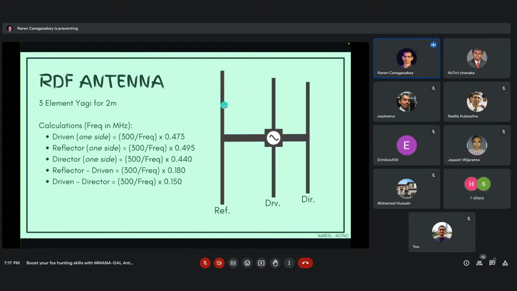If we look at the Yagi antenna, you have the feed point here, the driven element, DRV, the reflective element, RDF, the director, and the boom. For this purpose, we are using an insulated boom.